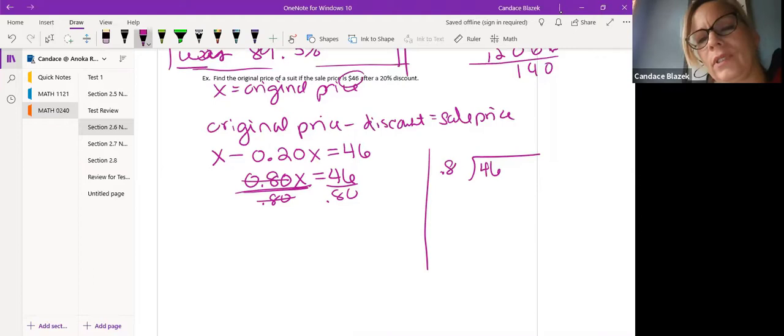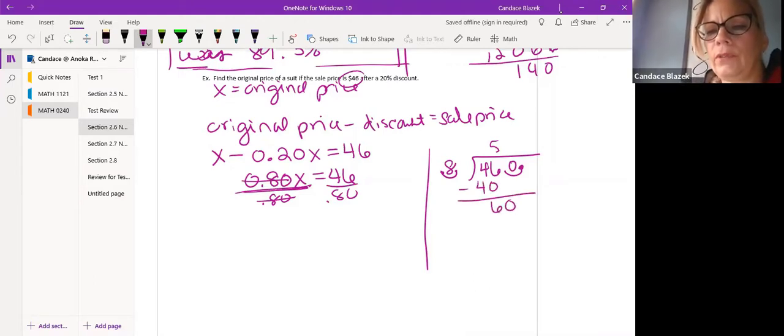And I can just really divide by the 0.8. I can drop that 0 when I'm dividing. So I'm going to move the decimal point once. I'm going to add it. So now I'm dividing 460 by 8. So 8 goes into 46 5 times.